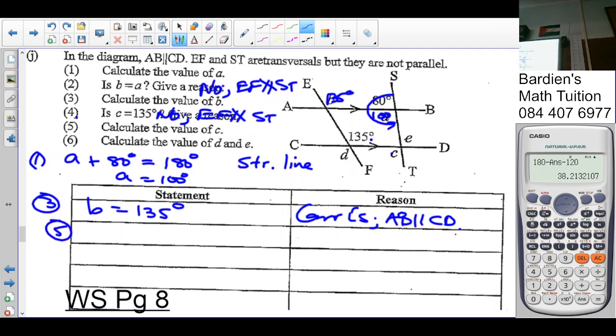Calculate C. C will be equal to what? 100 degrees. Why? Why is C 100 degrees? Corresponding. Can you see that, people? Okay, you got it? Okay, so C is going to be 100 degrees.